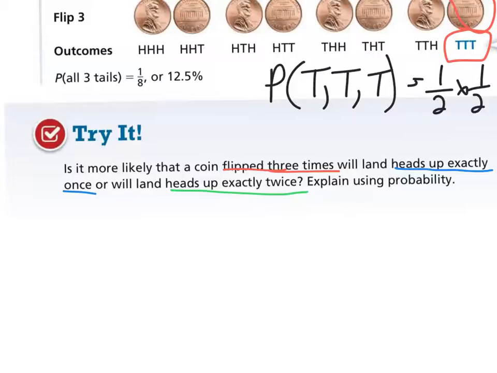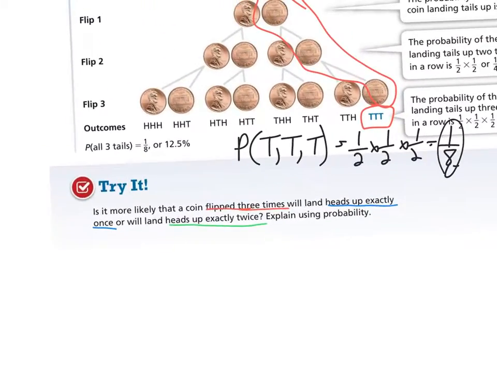So if we look at our tree diagram here, heads up exactly once, just going through here, there's one that's heads up exactly once, there's another one. So heads up exactly once, oh whoops, missed one. Heads up exactly once, that's a 3 out of 8 chance.